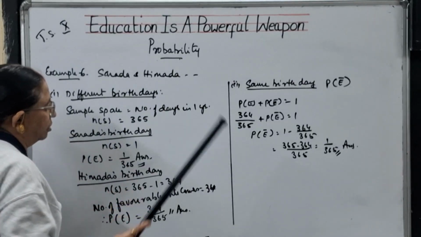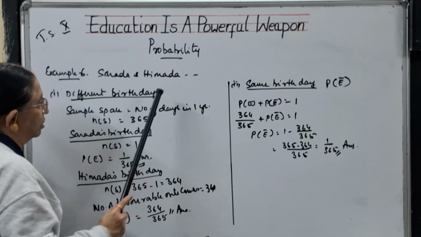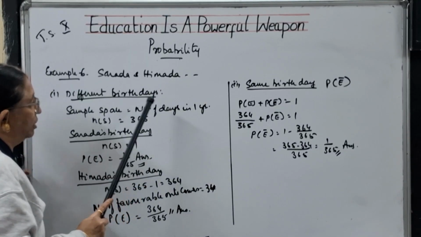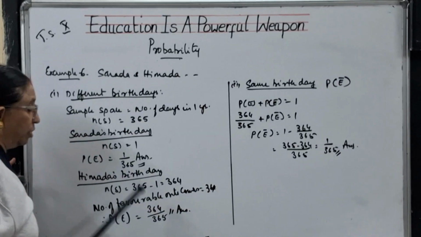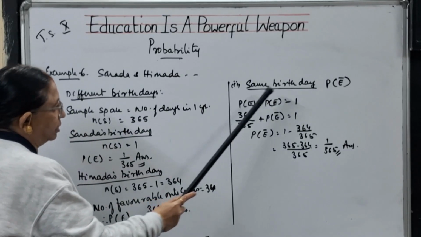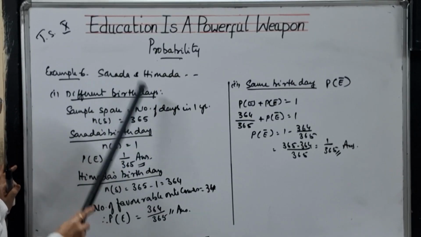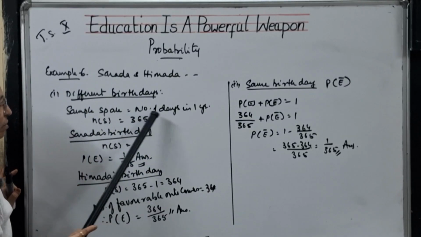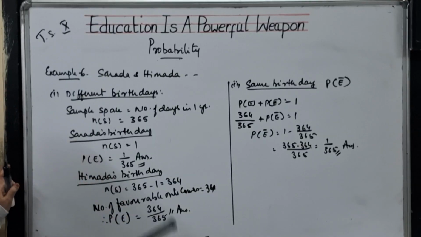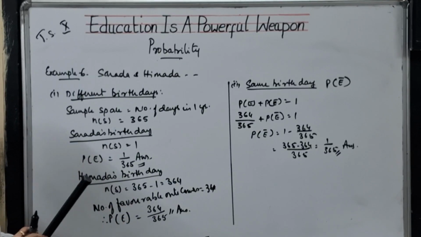Sarada and Himada, both of them are friends, and the question is, what is the probability that they will have the same birthday, different birthdays? So here, for different birthdays, sample space is nothing but the number of days in 1 year, that is 365. N of S is 365.